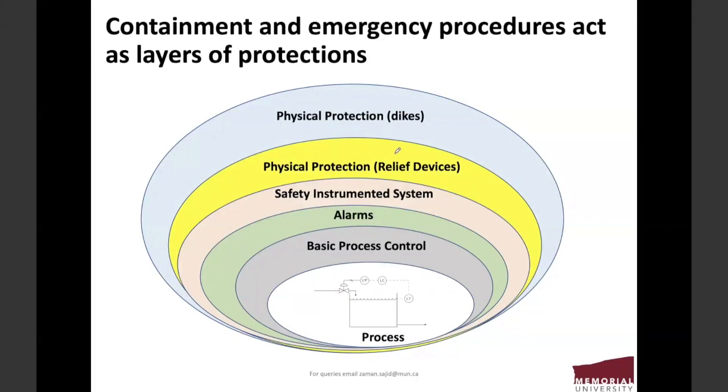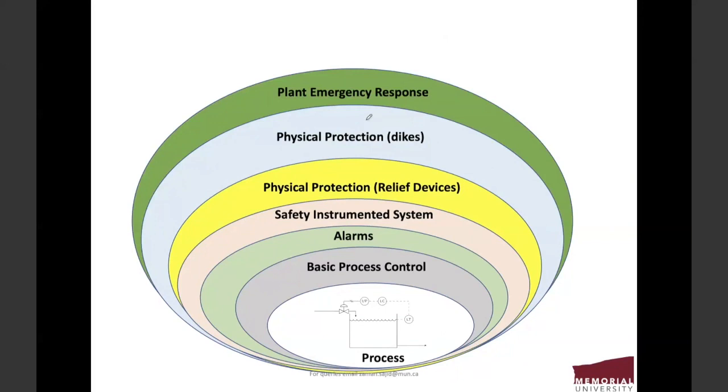From here onward, I'm trying to control the consequences. Just remember the equation of risk, which is the product of your probability times your consequences. So from here to the top, I'm trying to reduce my consequences. Or it could be a plant emergency response, or a community response.